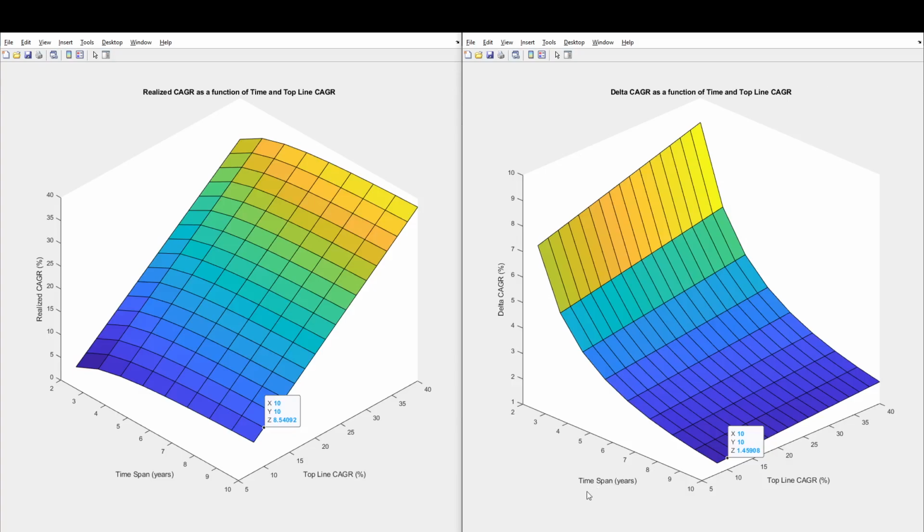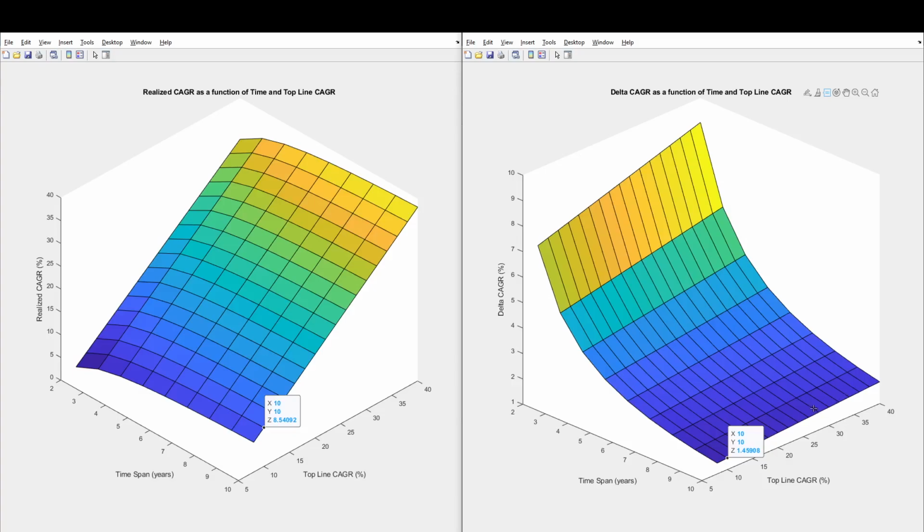And the point that I'm getting at with all of this is that this delta, this surface here, this is what you're losing as a function of the market fee. This curve on the left is what you have left. And so what you're losing, obviously you see when you have higher top line CAGRs, what you lose, it goes up slightly, but again, these are subtractive.